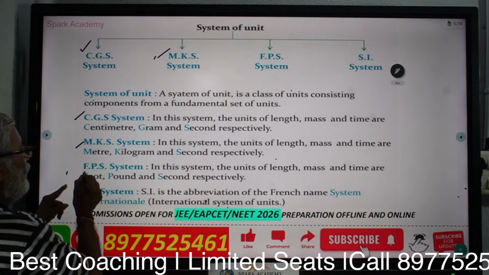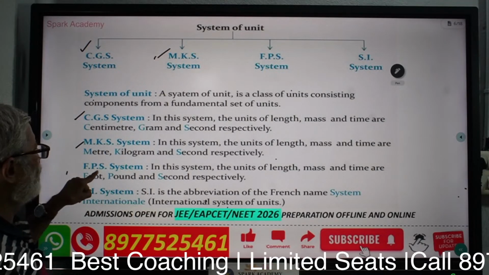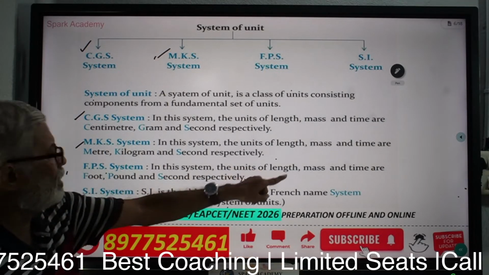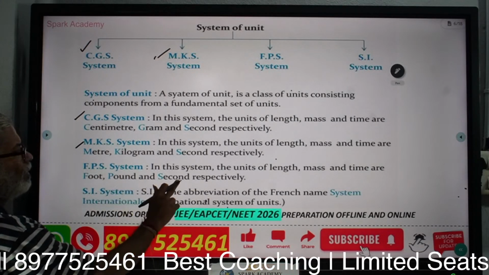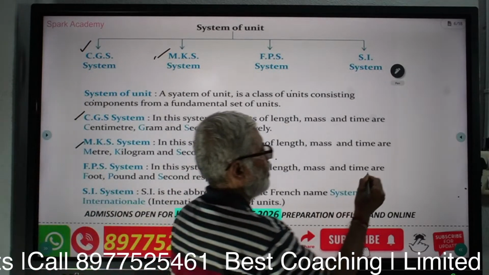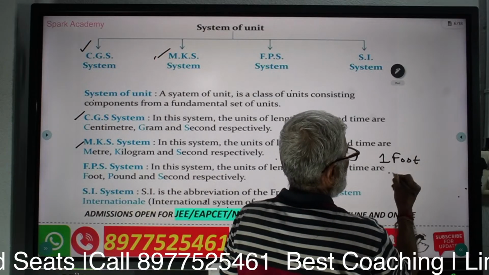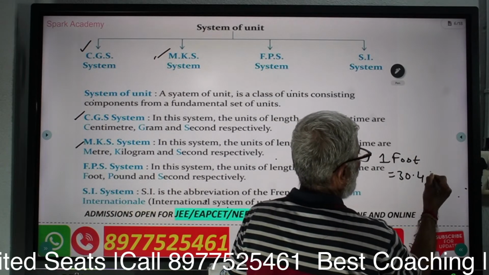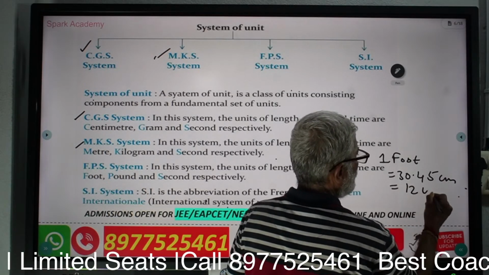Okay, and FPS means foot poundal system, the British system. Length, mass and time will be foot, pound and second. Second of course is common. 1 foot is approximately 30.45 centimeter, or it is equal to 12 inch.